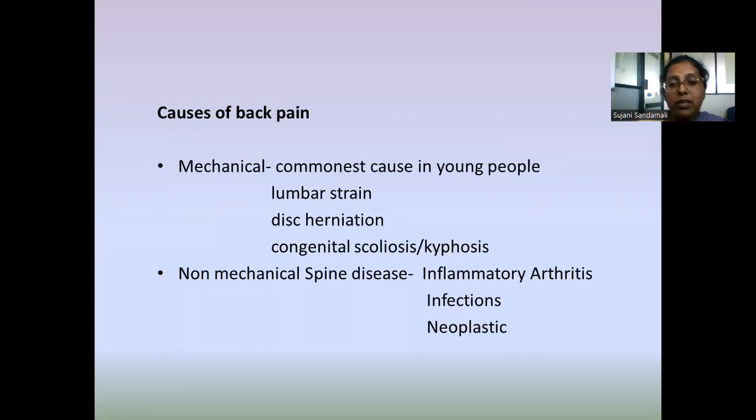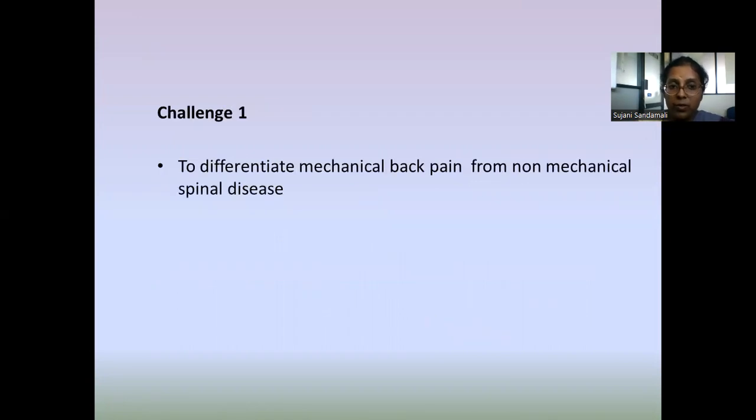And under non-mechanical spine disease, there are causes like inflammatory arthritis, infections, and neoplastic causes. So, what is challenge 1? To differentiate mechanical back pain from non-mechanical spinal disease.